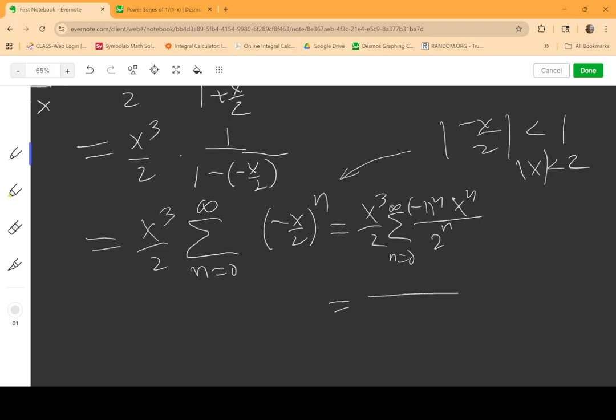Since I'm only dealing with convergent values, I can just distribute the x cubed into the sum. So that becomes the sum from n equals 0 to infinity of x to the n plus 3 over 2 to the n plus 1.